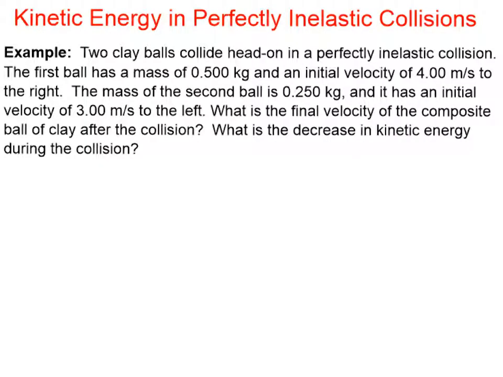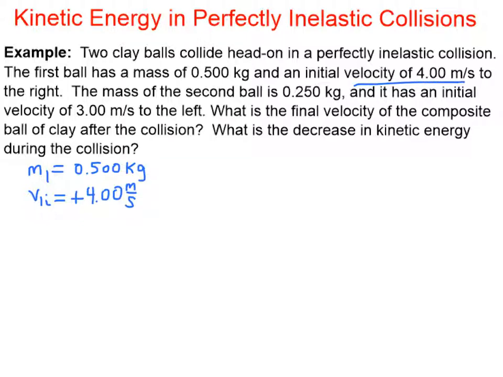So let's look at an example, a problem using kinetic energy in perfectly inelastic collisions. Let's say we have two clay balls that collide head-on in a perfectly inelastic collision. The first ball has a mass of 0.500 kilograms and an initial velocity of 4.00 meters per second to the right. I'm going to go ahead and write down those things that I know.